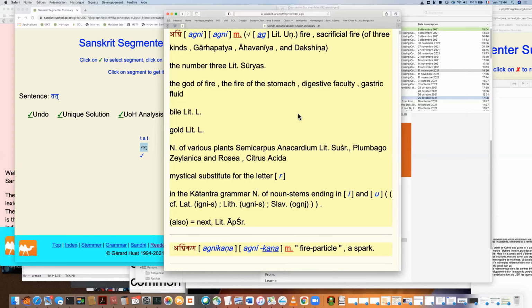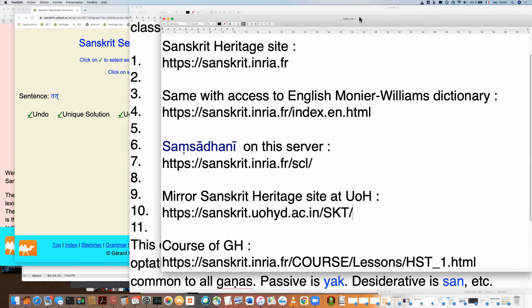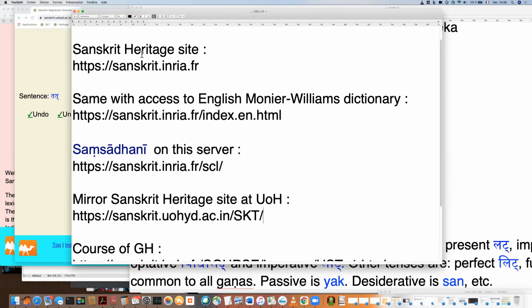Madam, I could not follow your question. You just have to type in the URL and you can get access to it. Let me clarify by giving the URLs again. Yes, this is the Sanskrit Heritage site, the normal one, which is English.